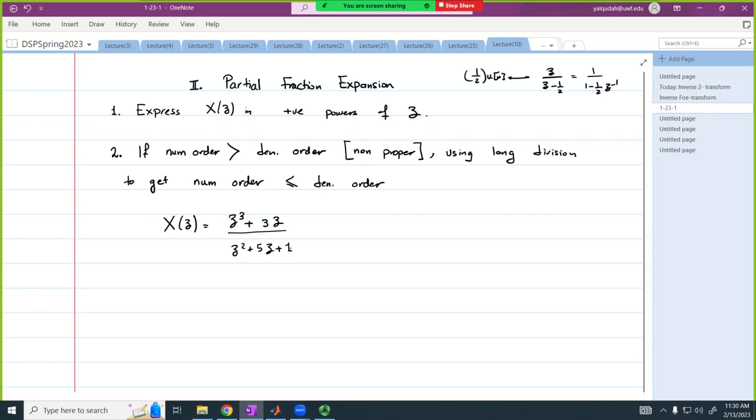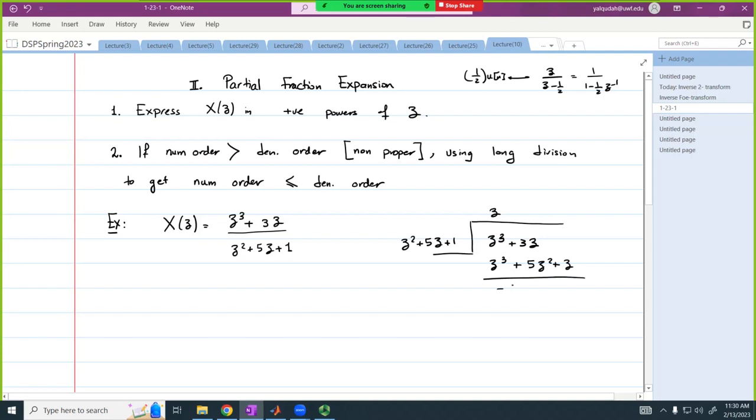Therefore, I'm going to divide it. z cubed plus 3z divided by z squared plus 5z plus 1. This is going to be z. z cubed plus 5z squared plus z.